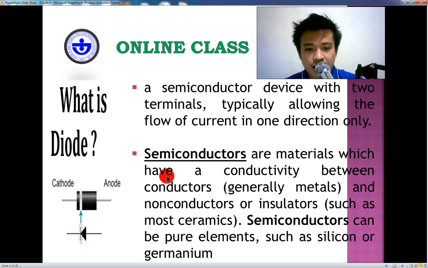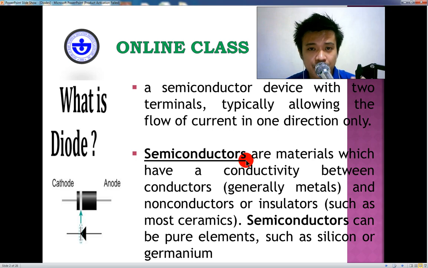Again, just to make it clear, a semiconductor material has properties such that sometimes it will act as a conductor, and sometimes it will act as an insulator. It will act as a conductor when it is connected in forward bias in the circuit.